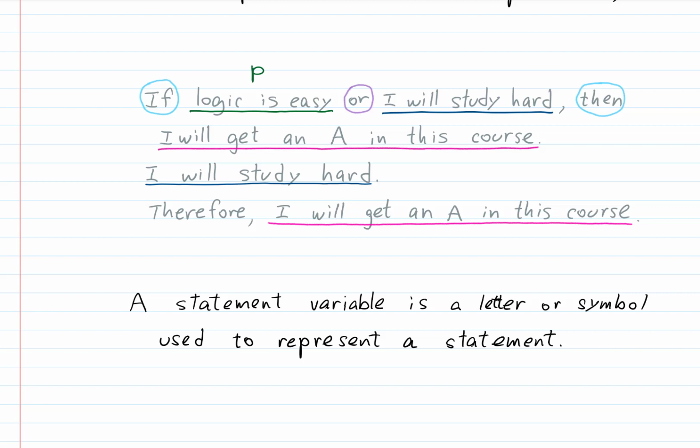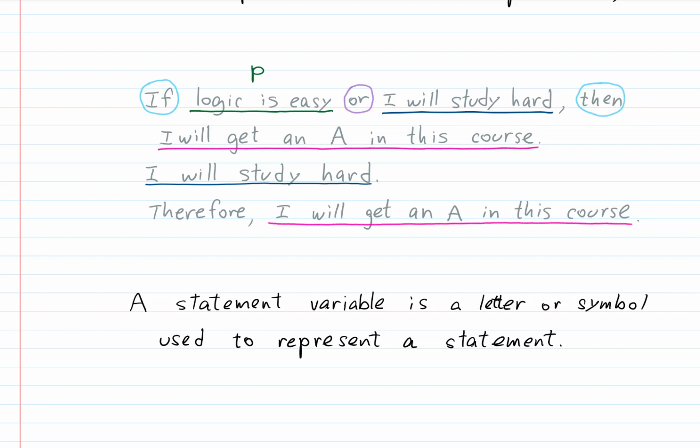That's called a statement variable. The statement variable itself is neither true nor false. It's just a letter. Okay? The variable itself is not true. It's not false. When you replace that variable with an actual statement, the statement that you replace it with is either true or false, but the variable isn't.